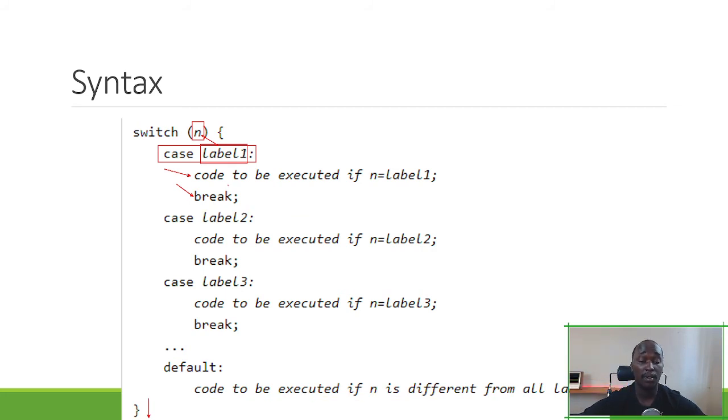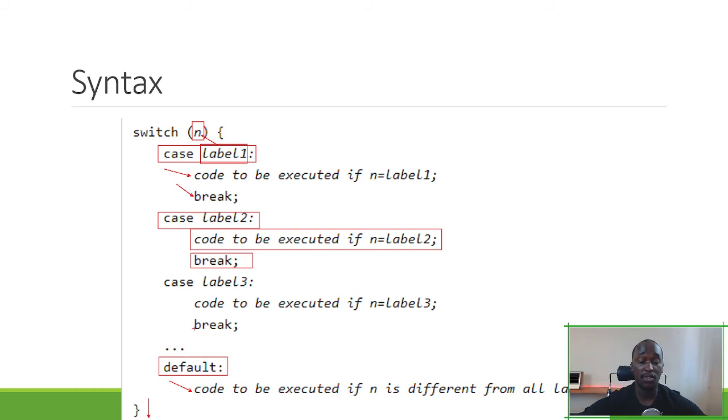Similarly, if this case is matched, this code will be executed. After it's executed, the break will be executed. Now, if none of the cases matches, then the default case is going to be executed. So the code after default is going to be executed.